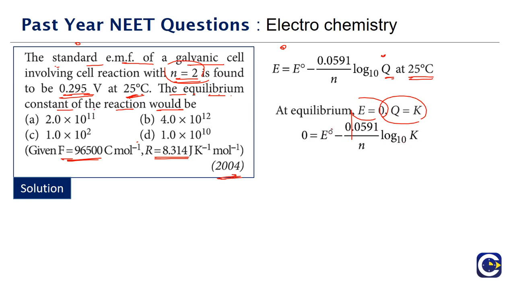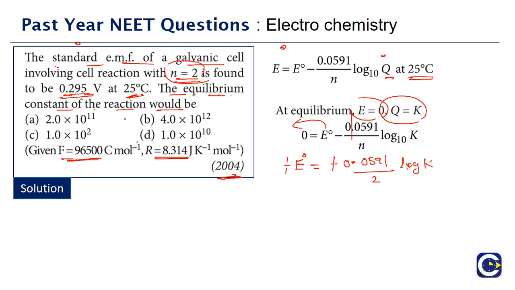If we bring it to this side, we have minus E naught is equal to minus 0.0591 by n into log K. What is n? The number of electrons exchanged. Minus and minus cancel, by the way.